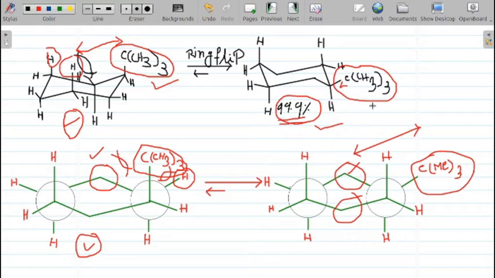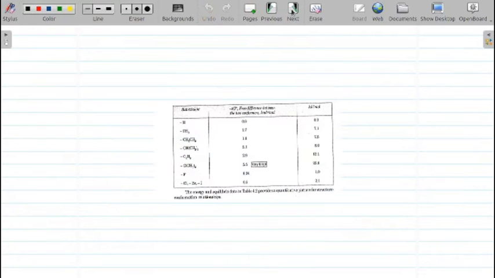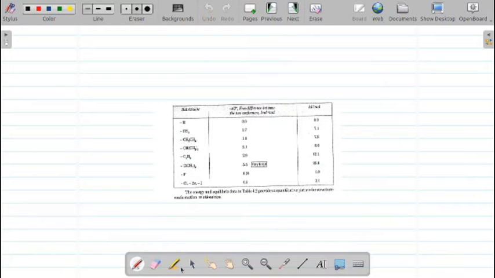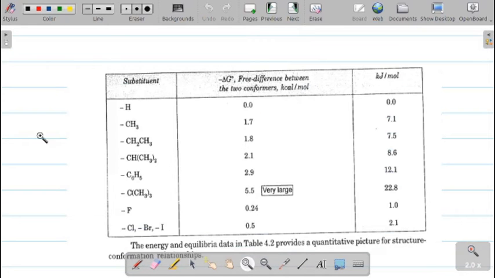Here the equatorial conformer is more stable than this axial conformer. Okay, next, I will zoom this document.